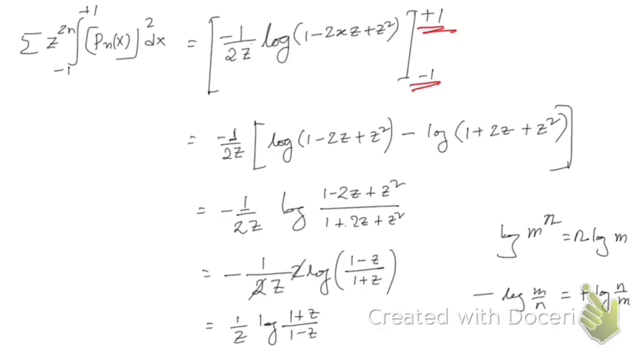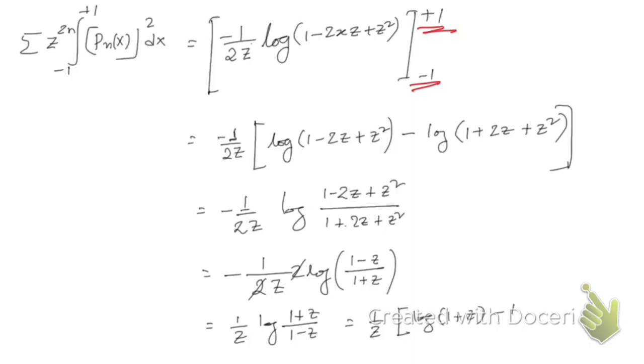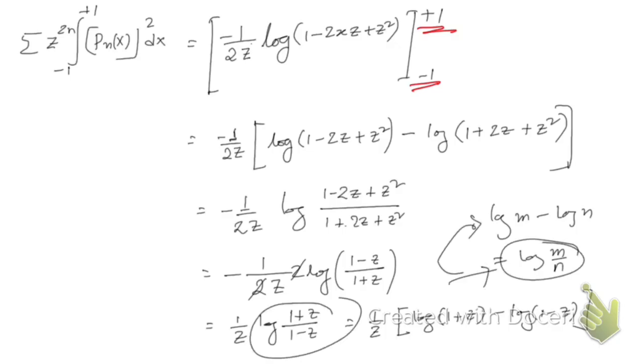Now again we can write this in this way: half of, in order to expand this into series, log of 1 plus z minus log of 1 minus z, as I have already told you that we can write log of m minus log of n is equal to log of m by n, right? So here you see this one in this form, so I am writing in this form, right? Hope you have understood this.